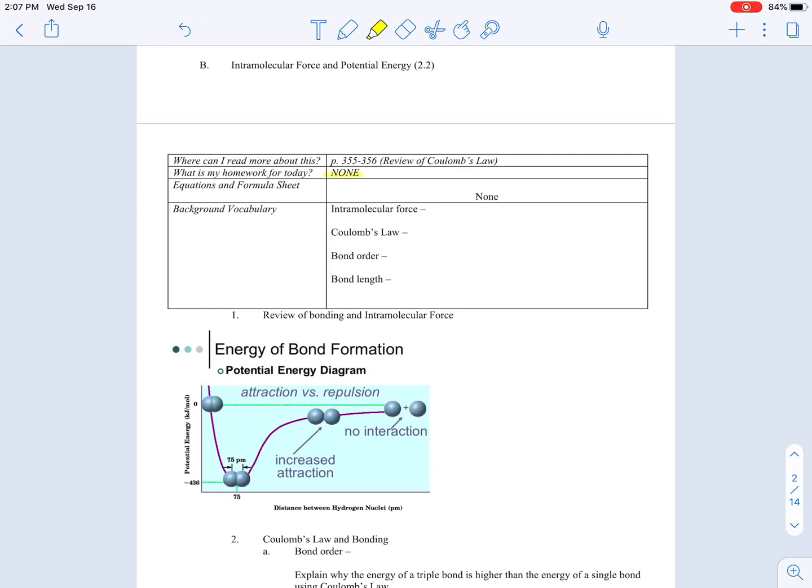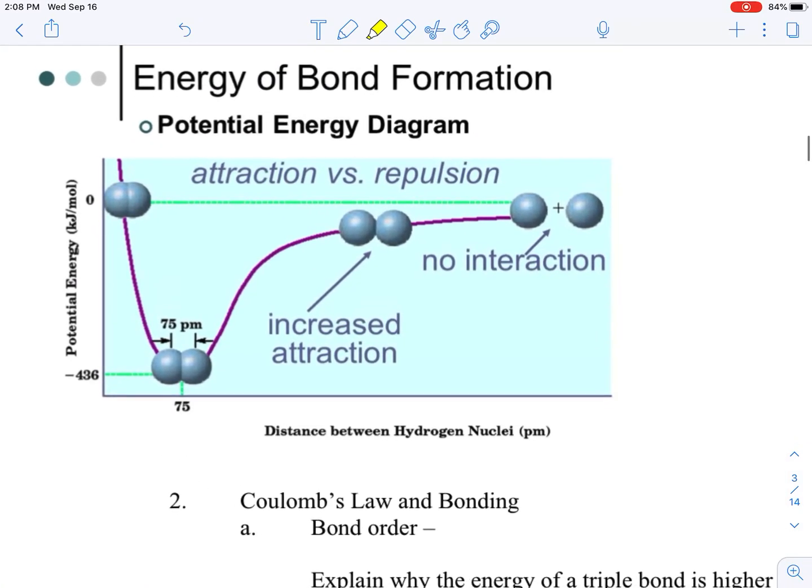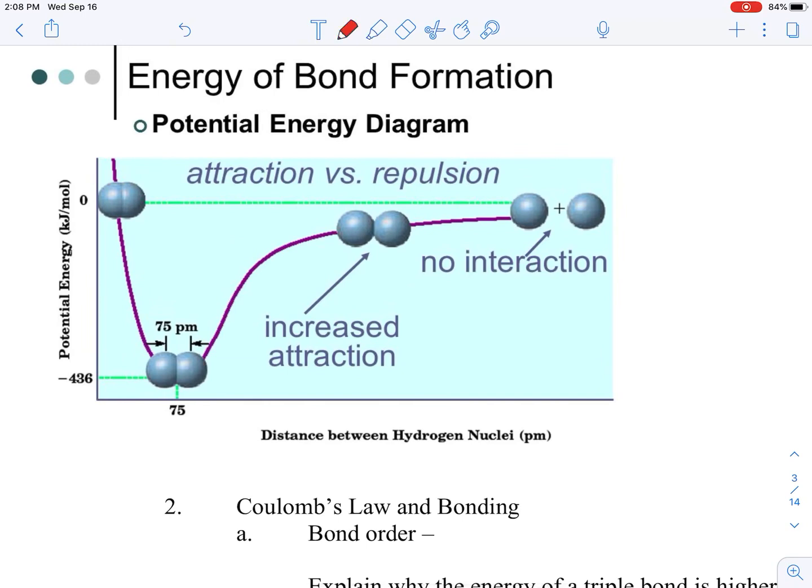All right, so the very first thing that we're going to do is review that picture that we saw in yesterday's notes, or the earlier notes. So remember, it's about what the optimum distance for a bond length is. If they're too close, there's going to be repulsion, right? So here we have repulsion.